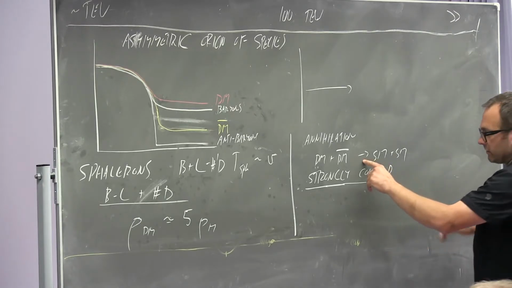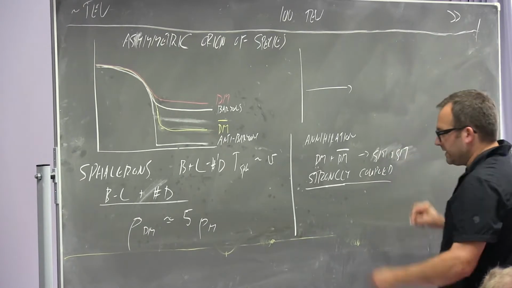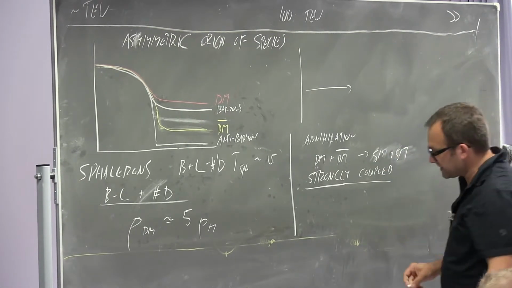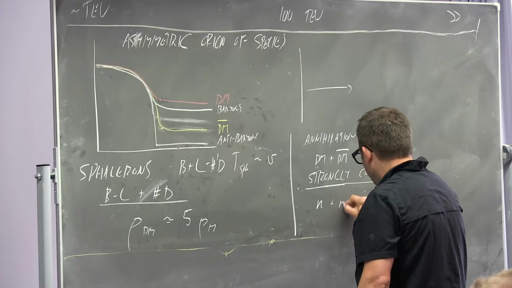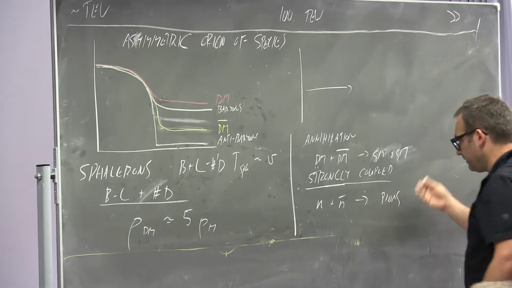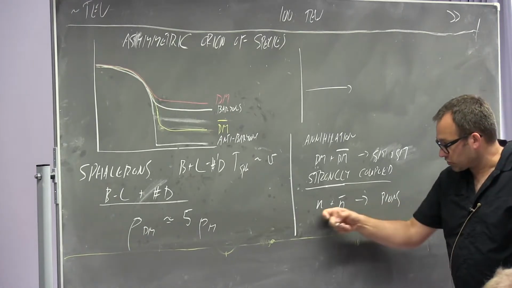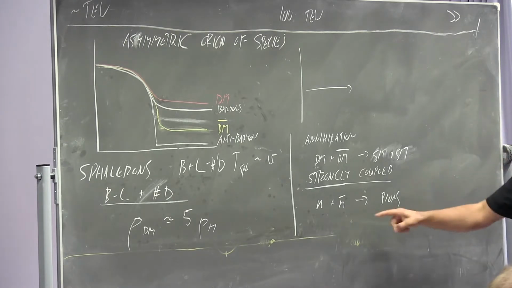The easiest way to do that would be to follow what the standard model does. Neutron plus an anti-neutron goes into a whole bunch of pions, right? And then the pions decay into whatever they're going to do. And this is a strong process, right? It has a large cross section.